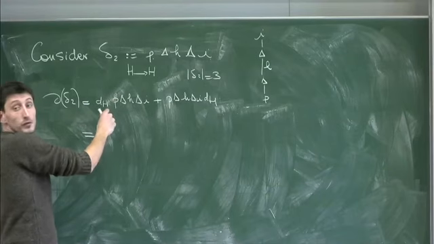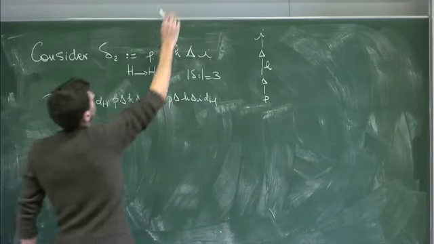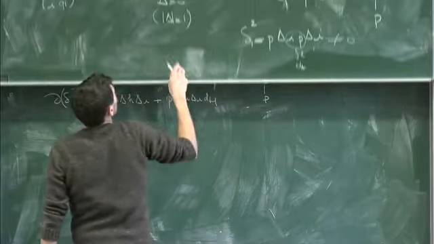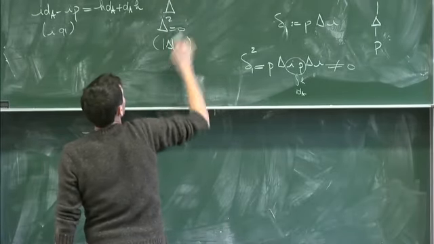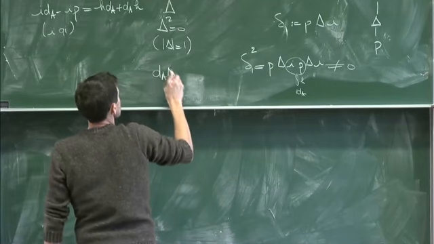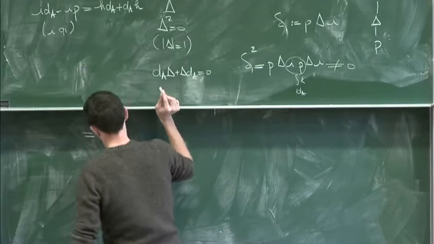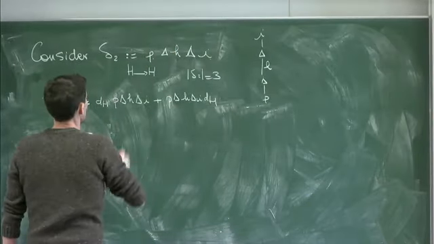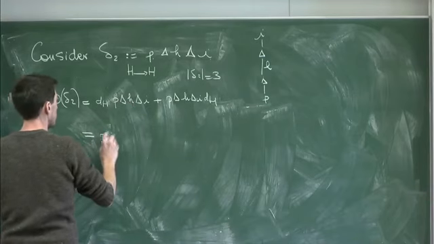So P commutes with D. So I can put dA here. But okay, I didn't say that, but D should anti-commute with dA. So then it anti-commutes with dA. So I can put dA here.